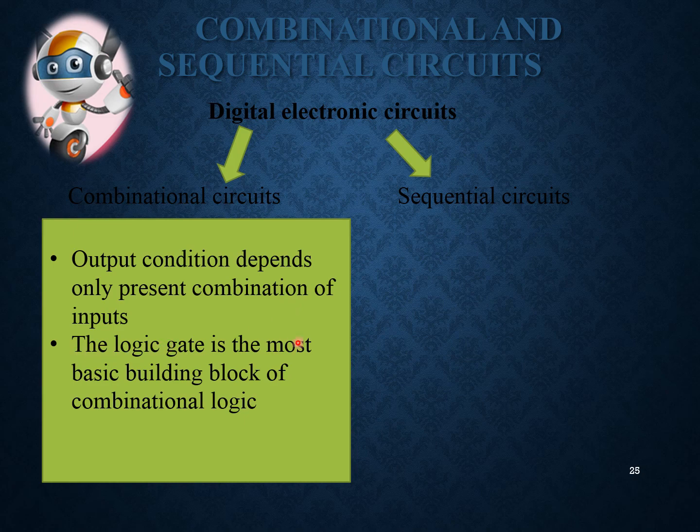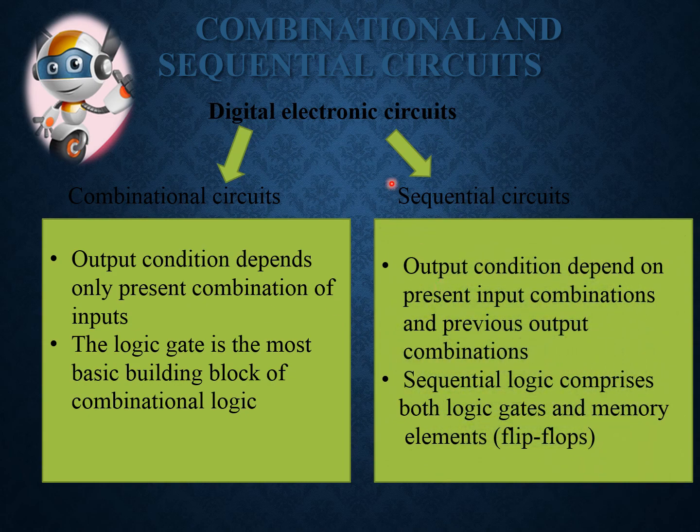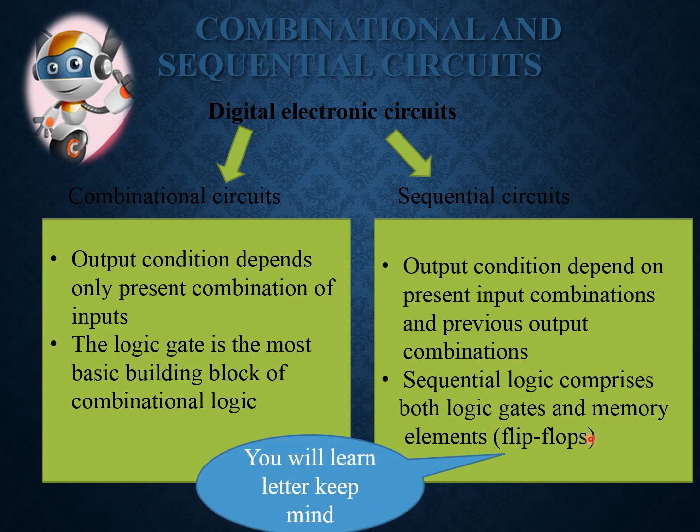The logic gate is the most basic building block of combinational logic because its output depends on only the present combination of inputs. The other one, sequential circuits. Output condition depends on the present input combination and previous output combinations. The example is flip-flops. Don't worry if you are not familiar with flip-flops, you will learn later. Keep in mind.